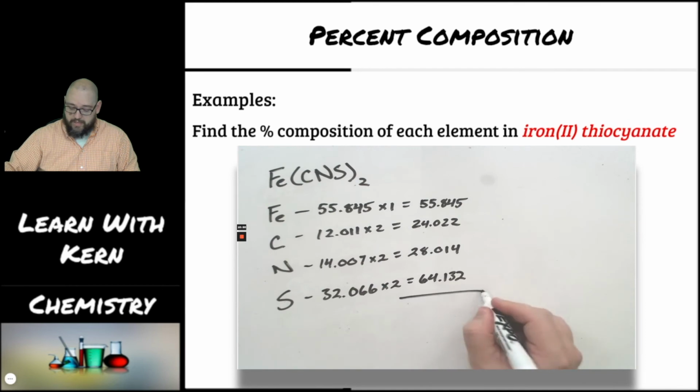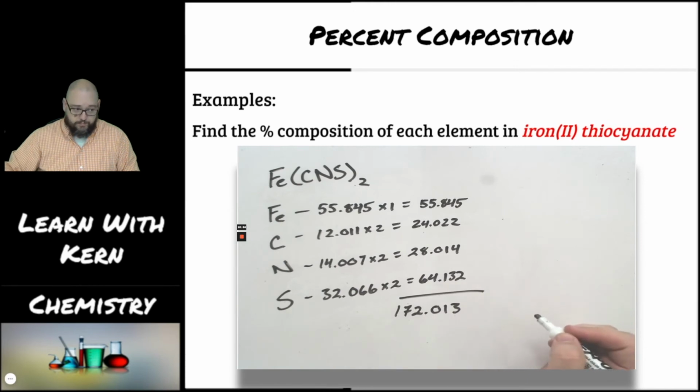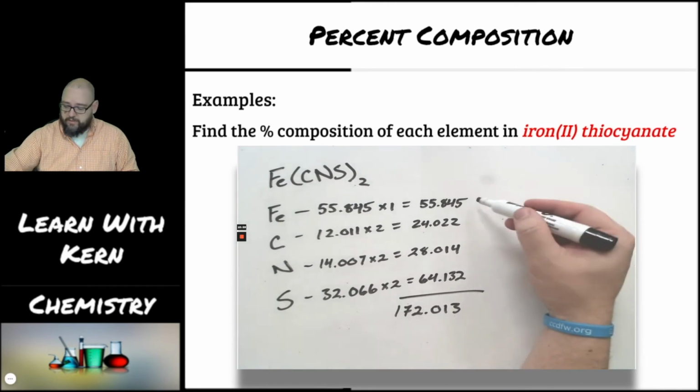So these are my total masses of each of my elements, and so now I'm going to add these together to get the total mass of my compound, and that's 172.013. So this is my total, and these are my parts.